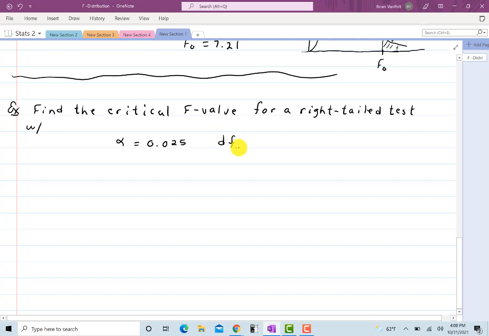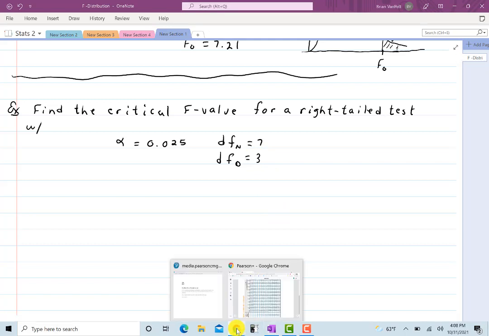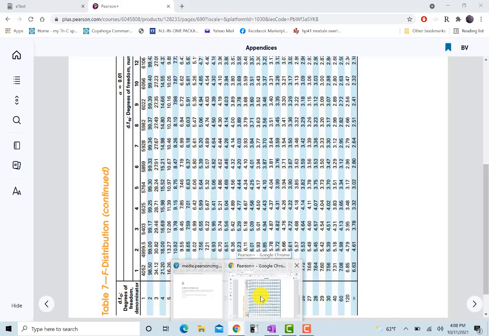The degrees of freedom in the numerator is equal to 7, and the degrees of freedom in the denominator is equal to 3. So let's pop back to our tables, and I'll try to find alpha equals 0.025.